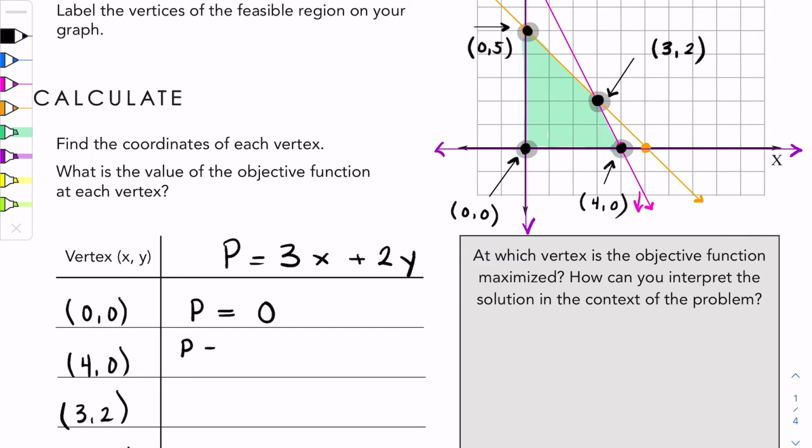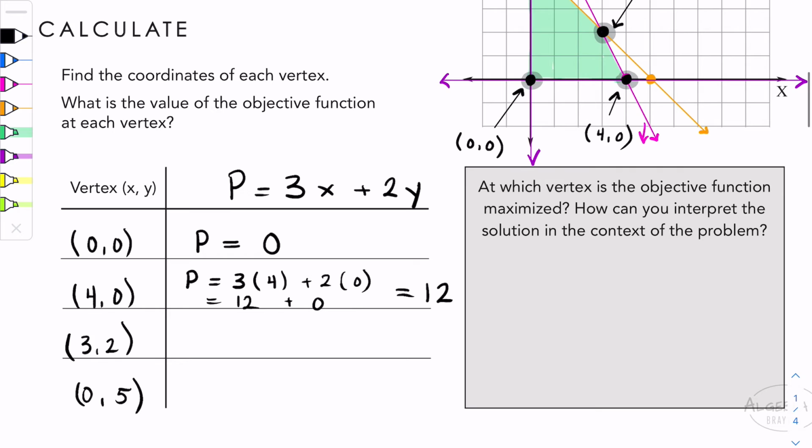Next up, we have 3 times 4 plus 2 times 0, which is equal to 12 plus 0, or 12. 3, 2 is evaluated to 3 times 3 plus 2 times 2.